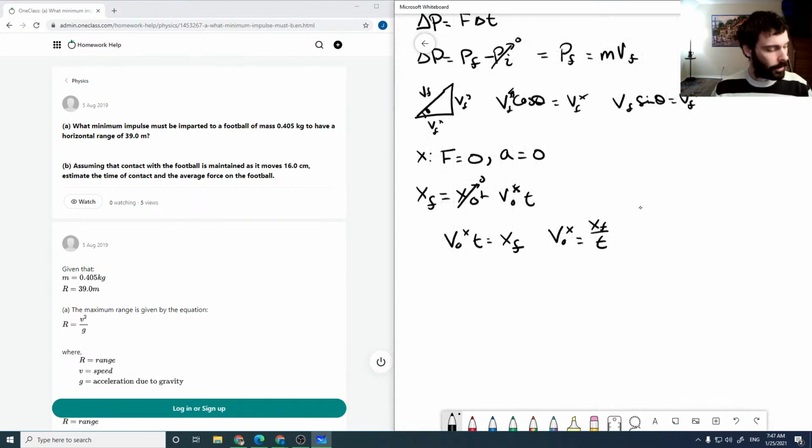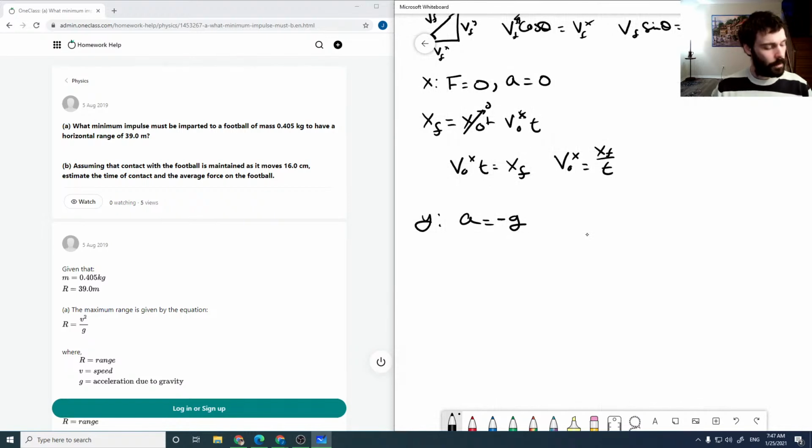Okay, so now we can look at our Y direction and see that there is acceleration. It's going to be just minus G. So we have YF is equal to Y naught plus V naught Y T plus 1/2 A T squared. So that's going to be 0.